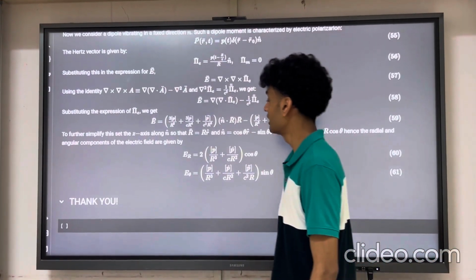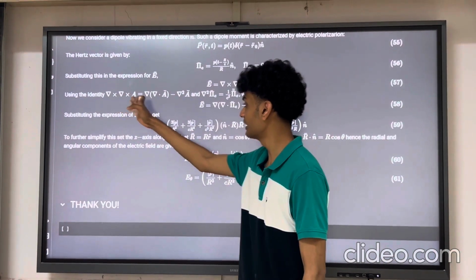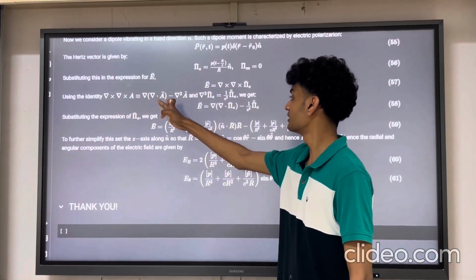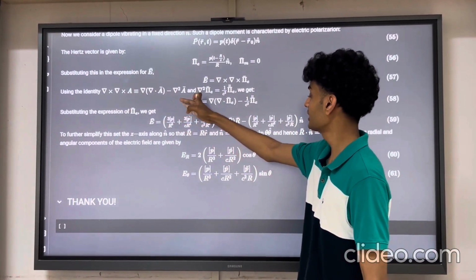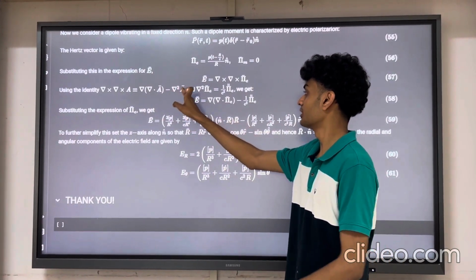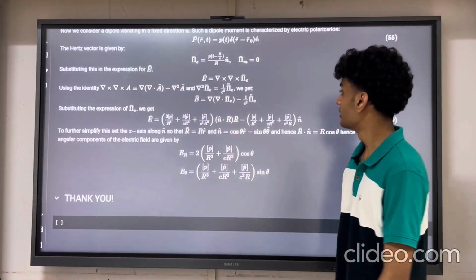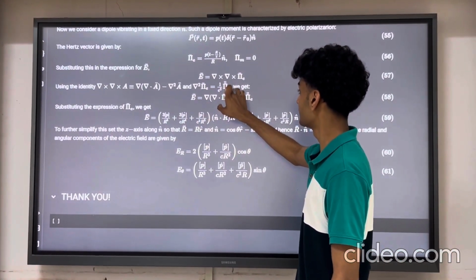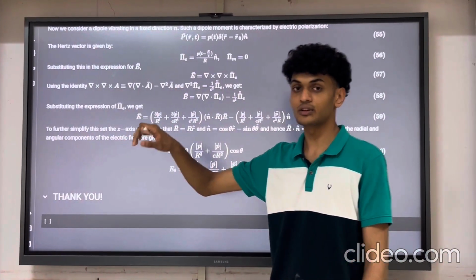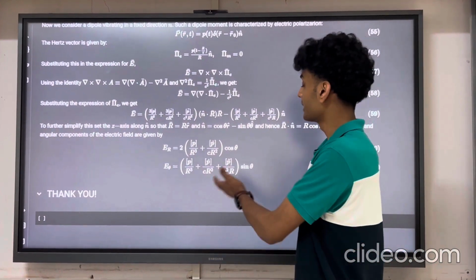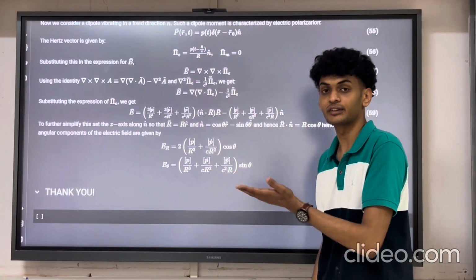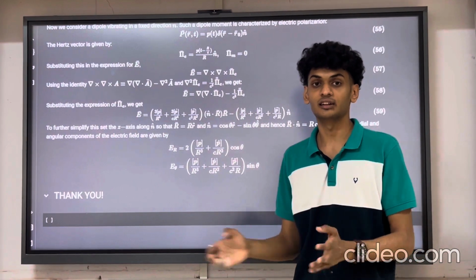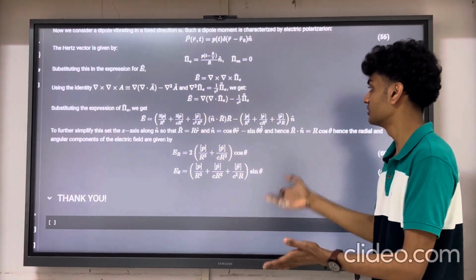And we expand this using this identity. The double curl is the gradient of the divergence of A minus the Laplacian of A. And we again substitute that del square pi e is equal to 1 by c square pi e double dot from the wave equation. And again, at the point of interest where we are evaluating the field, the charge density of the polarization is 0.